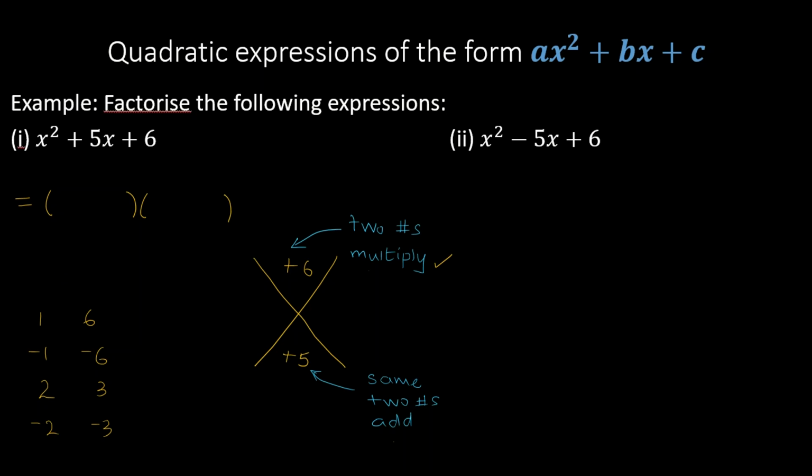Now, from these possibilities, we select two numbers which, when we add, give positive 5.